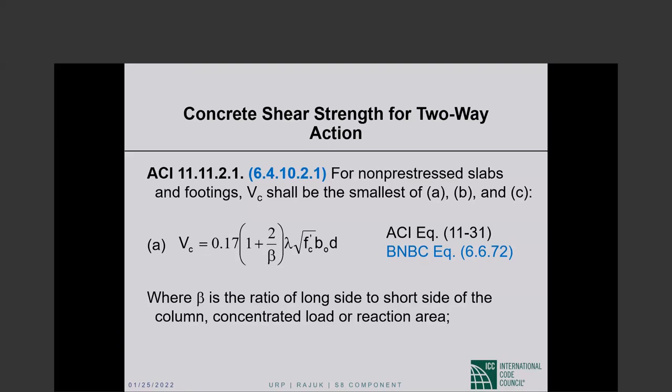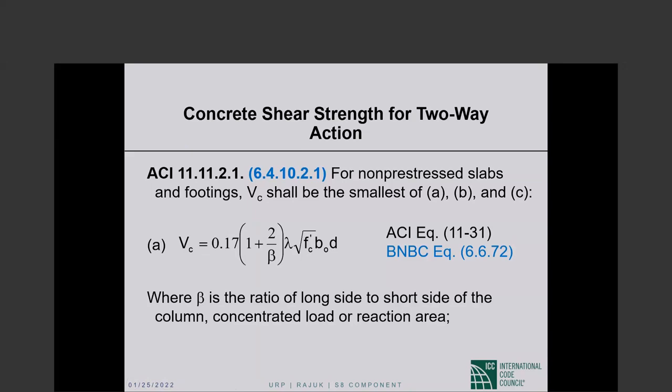The first of the expressions is here. V sub c is a constant times 1 over 2, 1 plus 2 over beta. Beta is the long side to the short side of the column, the longer dimension to the shorter dimension ratio for the column.